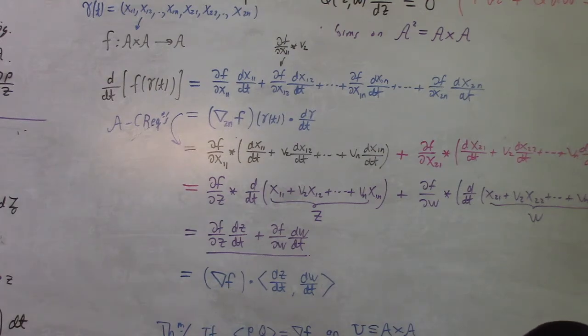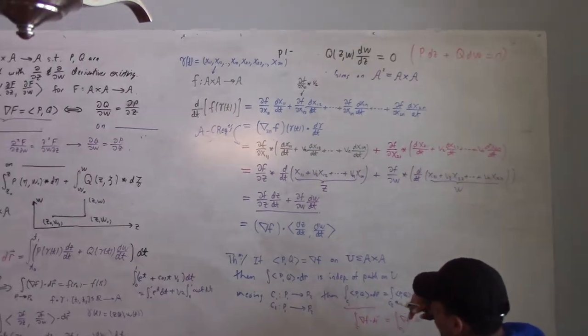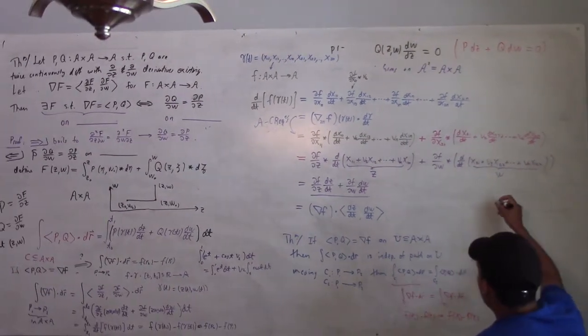Okay, so if Q is a function evaluated at zeta, if we took the integral, could I rewrite Q like this?